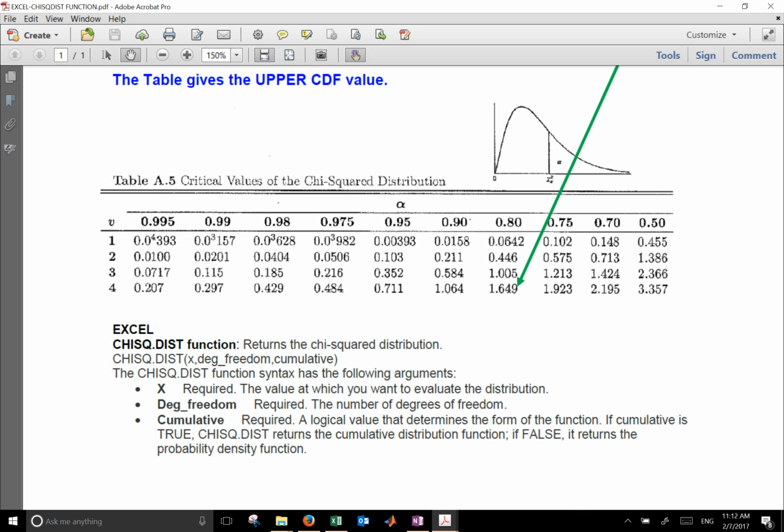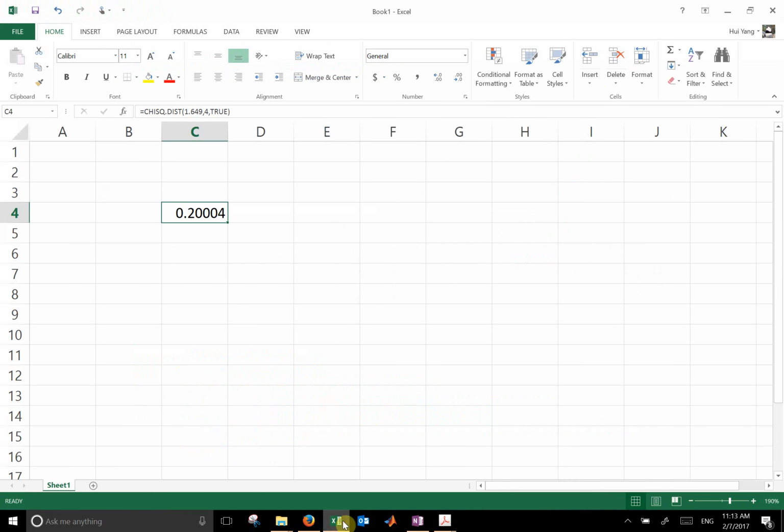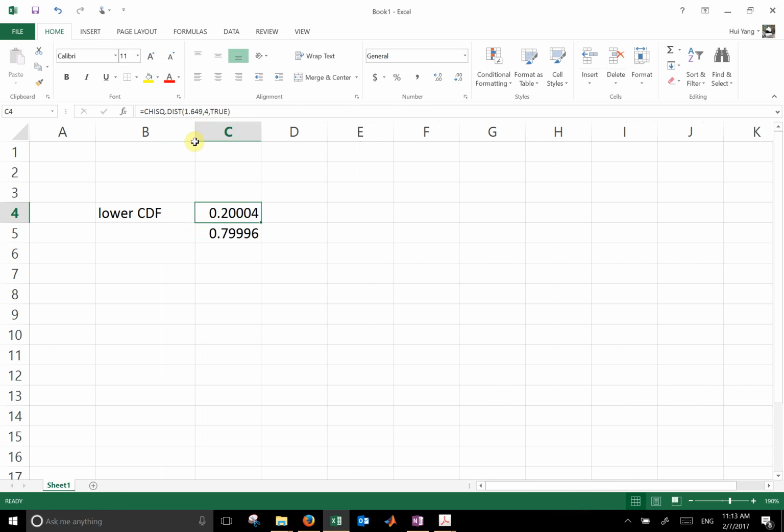But it doesn't mean that if I know the lower CDF, I cannot calculate the upper CDF. You can still do that. For example, if you just use equals 1 minus this value, then you will be able to get the upper CDF. This is a lower CDF, and the next one will be the upper CDF values.